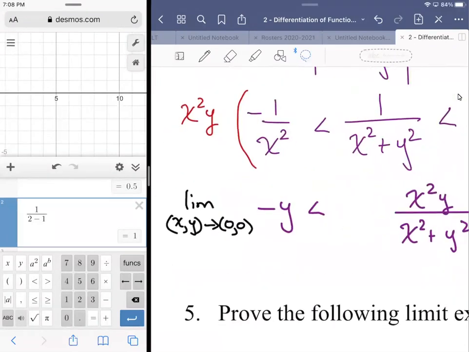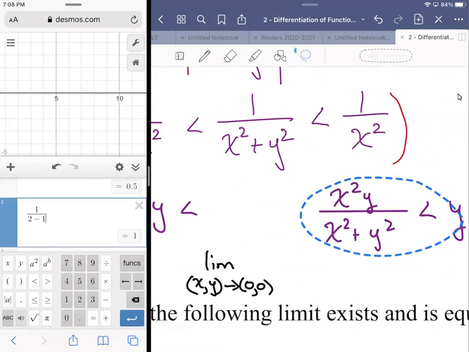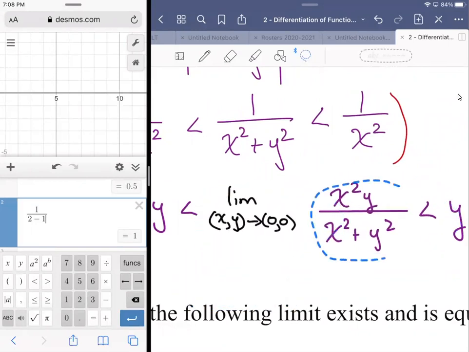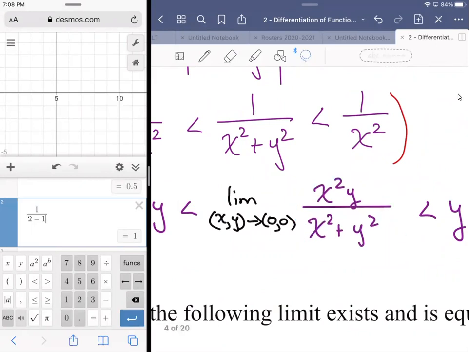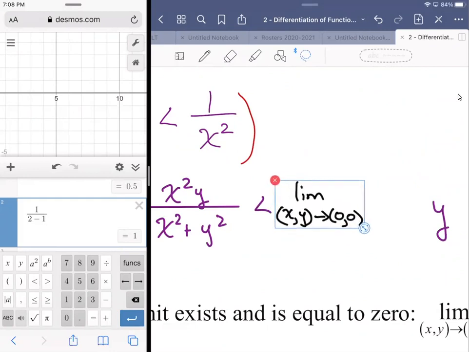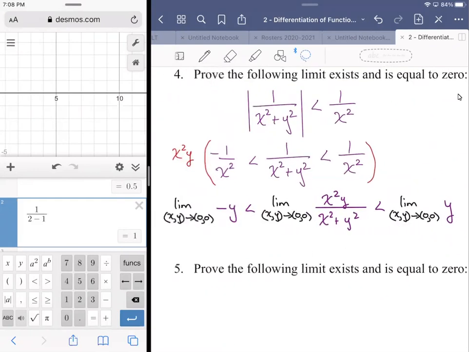Just making sure it's the right values. Let me move this over a little bit more. And then I could apply my limit.